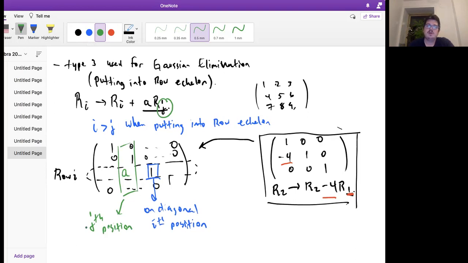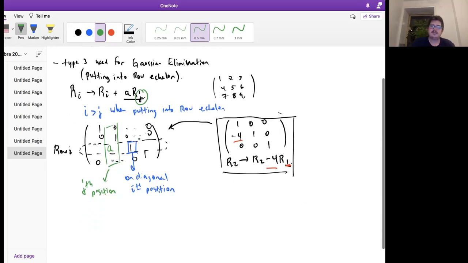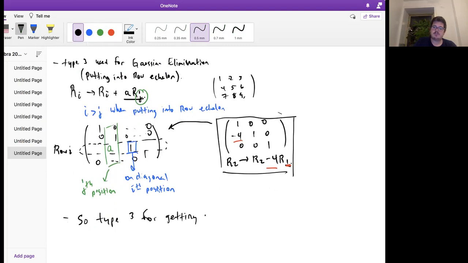Okay, so the claim is that when you do type 3 operations for getting a matrix into row echelon form, the matrix is always lower triangular.